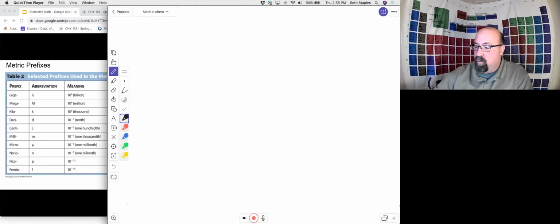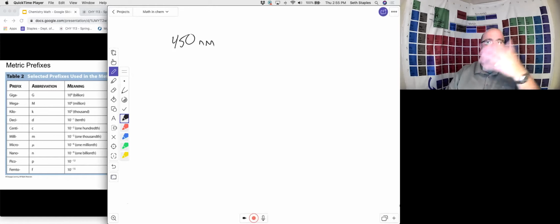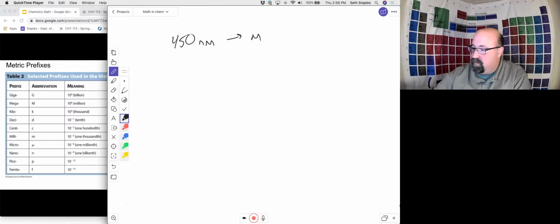So if I tell you that we're working with a certain wavelength of light that is 450 nanometers, that's great. That's how we report it. That's 450 nanometers for a wavelength. But to use it in an equation that we're going to see later in the course, we have to convert that over to meters.